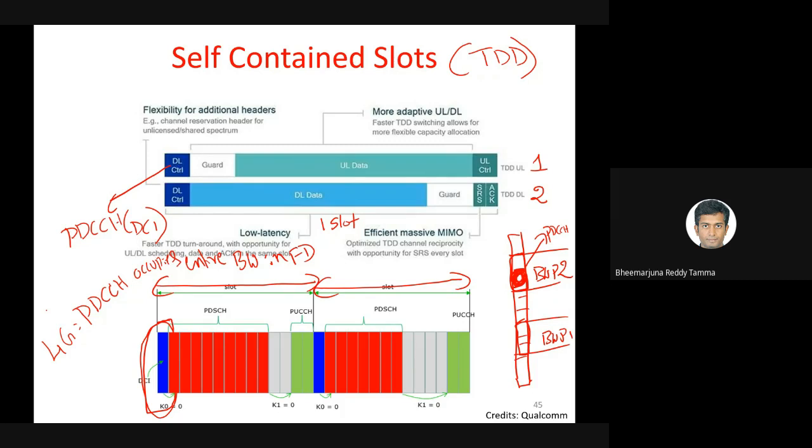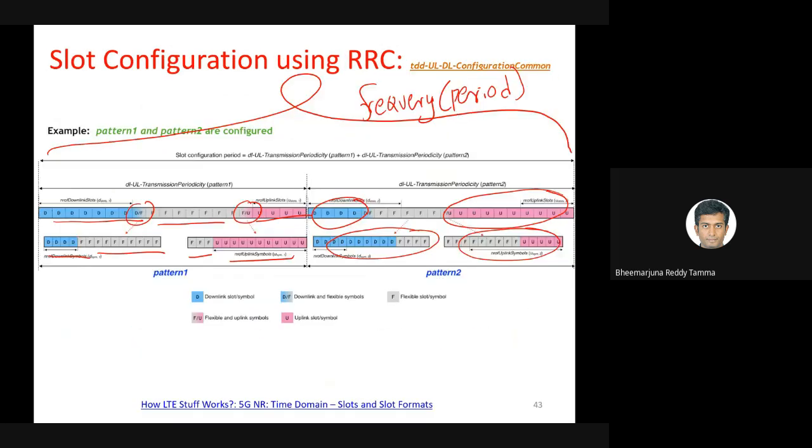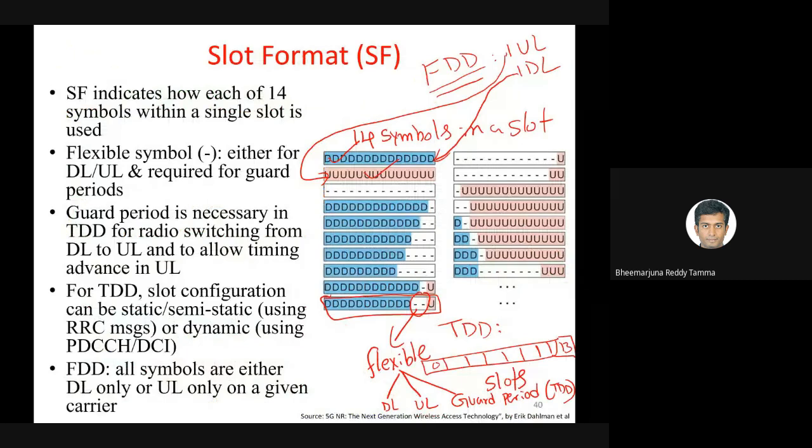So anyway, what I was trying to show here is the first one that you see here is uplink heavy configuration. Something similar to here, something like this. These kinds of things, where most of the symbols are allocated for uplink, and one symbol in this case is allocated for downlink, and there are some flexible symbols as well.